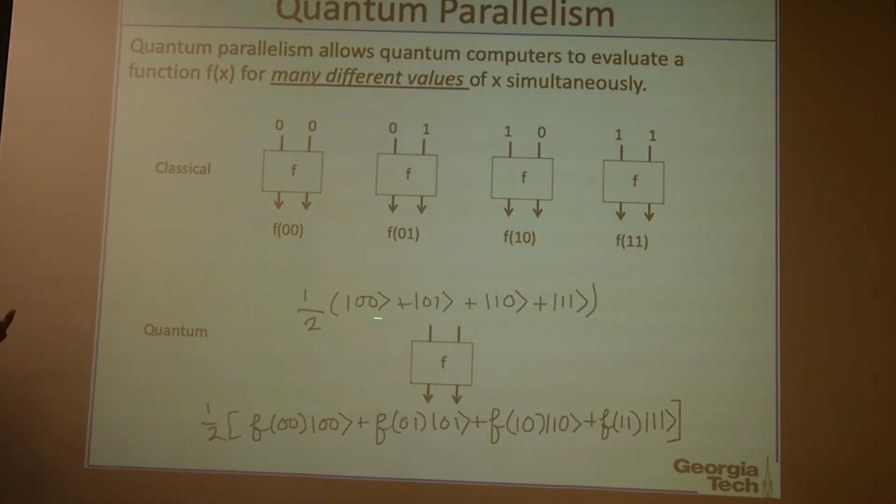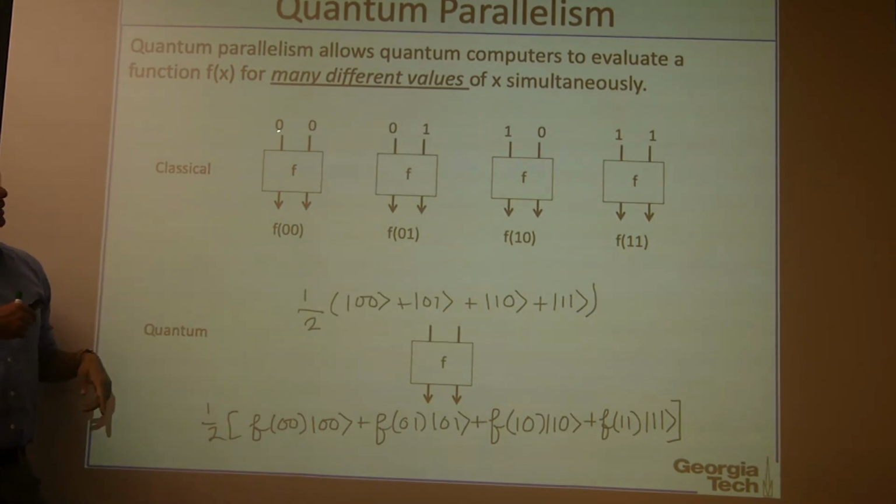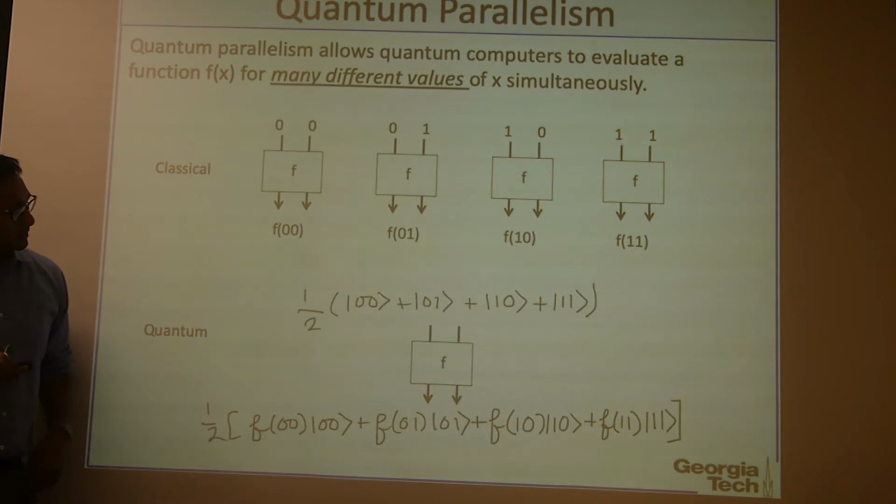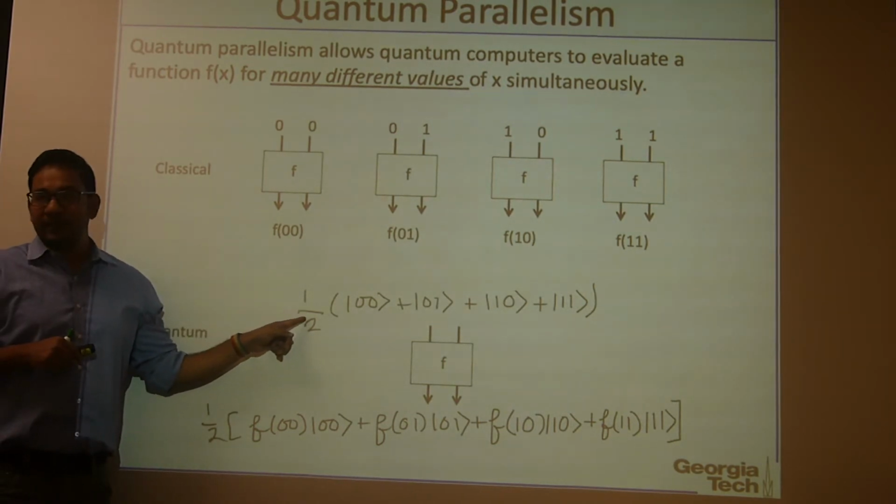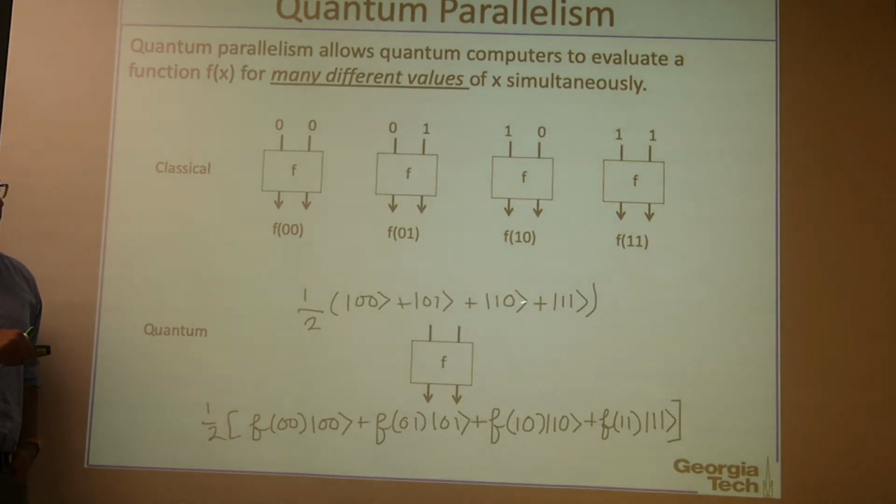If you have two bits, then you have four different input combinations. Say you have two inputs for an f, like a function, and the input can be 0, 0, 0, 1, 1, 0, 1, 1, right? And so to calculate the function for each of these combinations, you will need 4 trials, right? Think about a quantum computing case. In case of quantum computers, you can create an input state that is a linear superposition of all these 4 combinations.